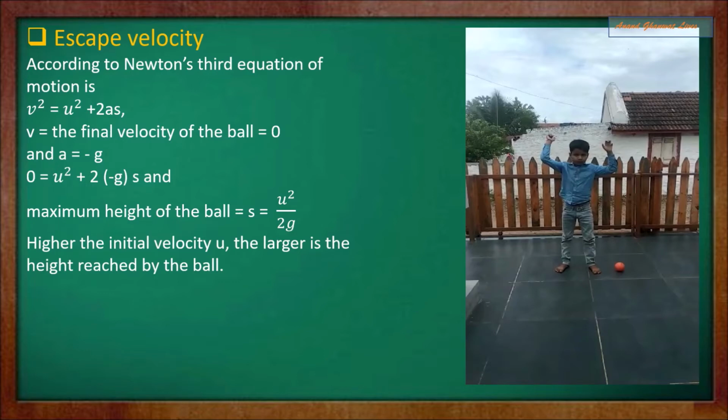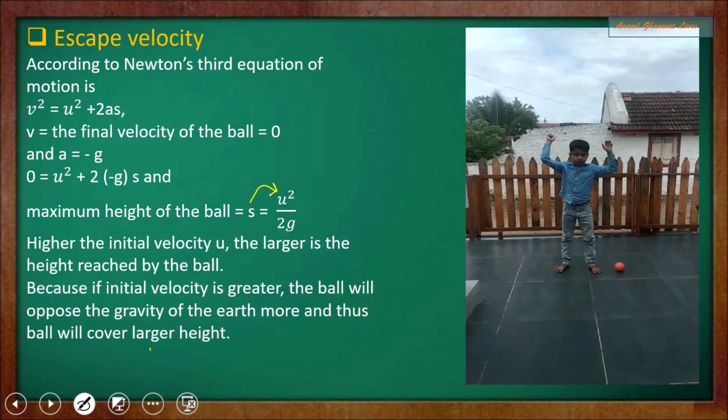Therefore, the higher the initial velocity u, the larger is the height reached by the ball. If you want to go to larger distances, you have to keep the initial velocity greater. If the initial velocity is greater, the ball will oppose the gravity of the Earth more, and thus the ball will cover a larger height.